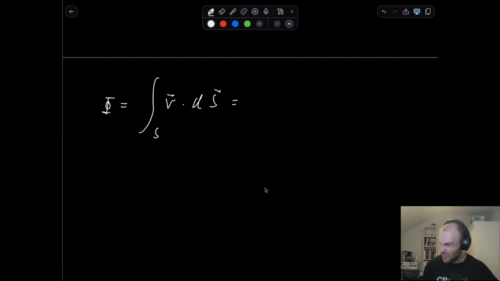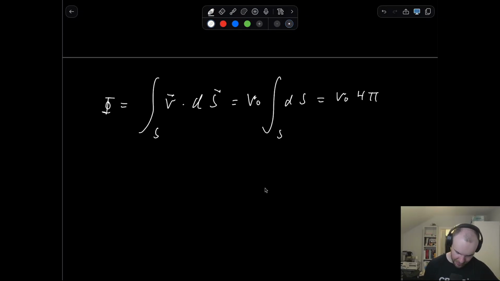That's pretty neat because we just have that v0, so v0 can go out. Both the velocity and the surface normal are going in the same direction, x hat and the normal, which means we actually just have ds here, and integrating over S is just the surface area. So the flux is v0 times pi r squared.